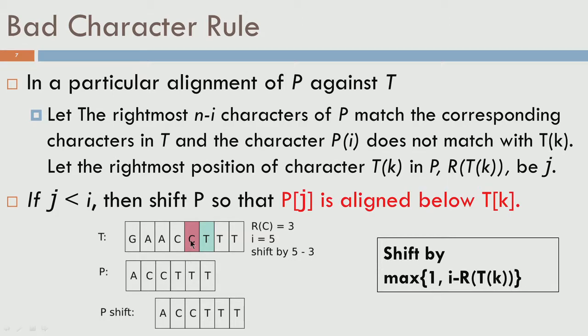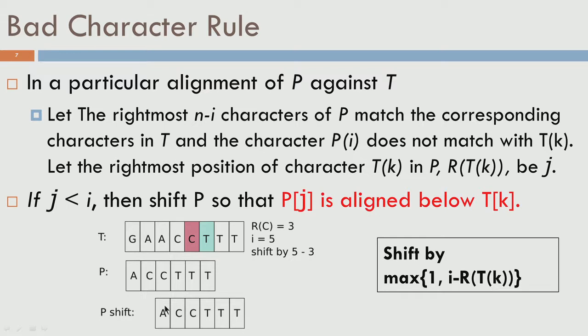R of C is at location 3, and therefore, we shift the pattern P so that this rightmost occurrence of the mismatch symbol, when it occurs to the left, is now aligned. This is the shifted symbol. Observe that now C and C are matched.